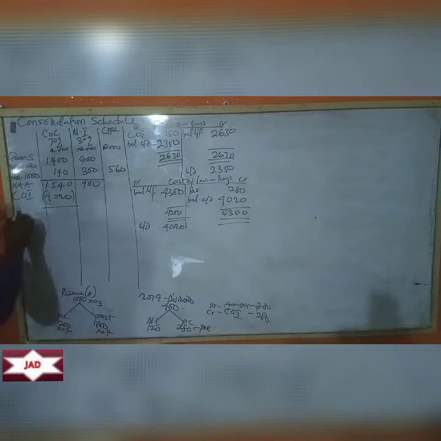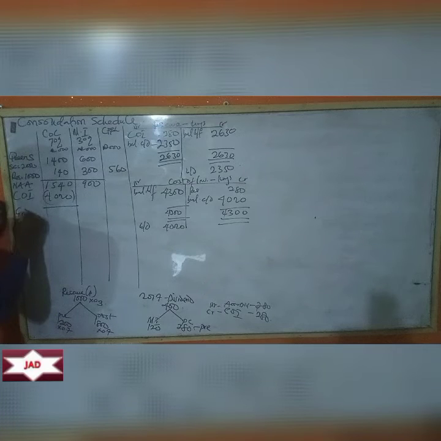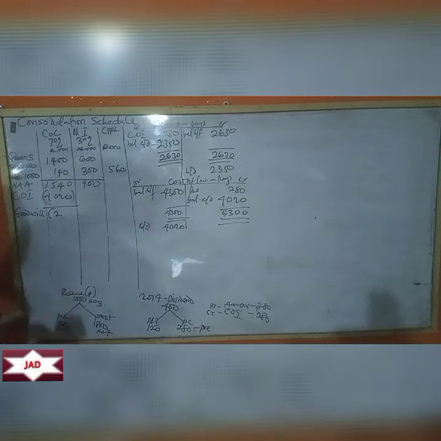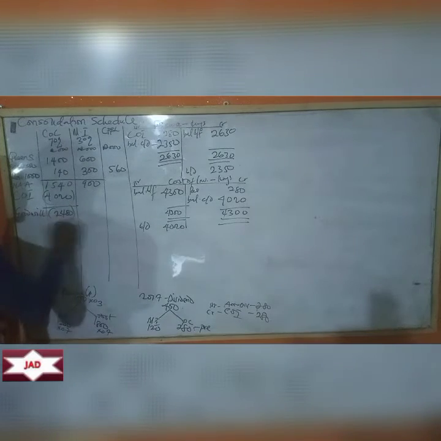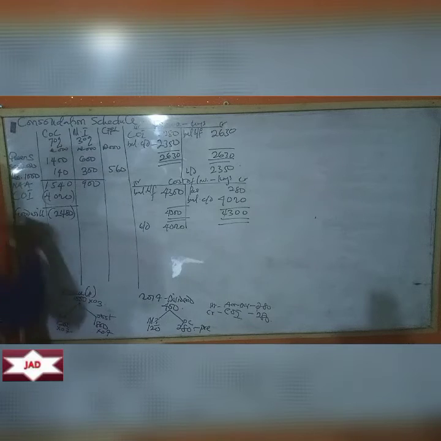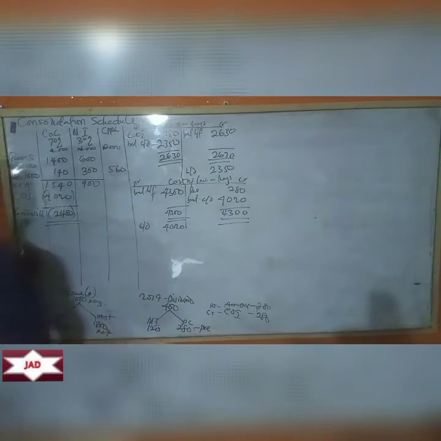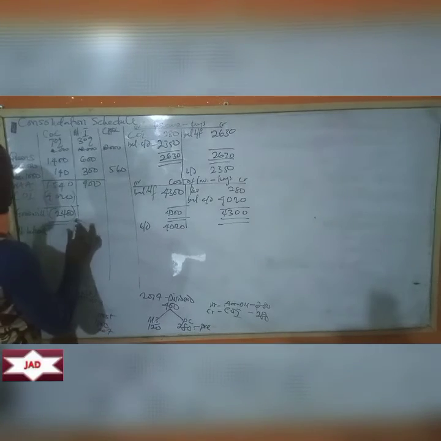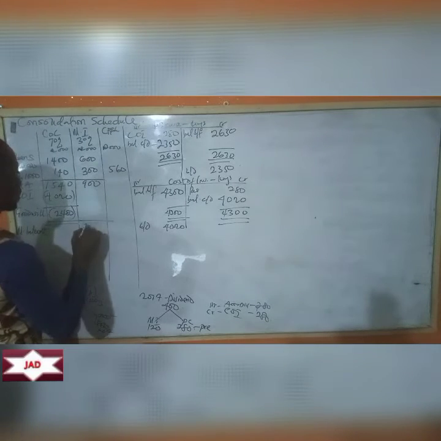2,480. So this is the goodwill. Right? So we have the goodwill here. And minority interest, that would be 900.